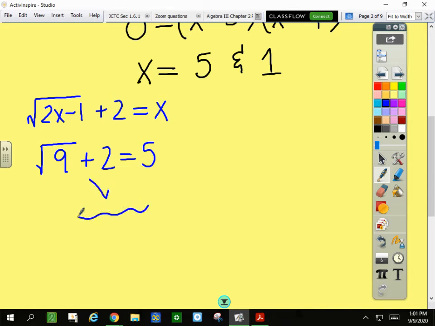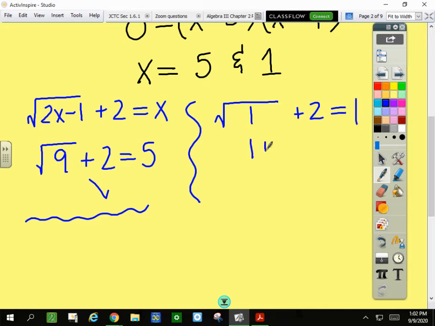That's good. For the other solution, if we plug in 1, well, let me do it over here. If we plug in 1, we would have 2 minus 1 is 1. The square root of 1 is 1. That's not true. So 1 is out.